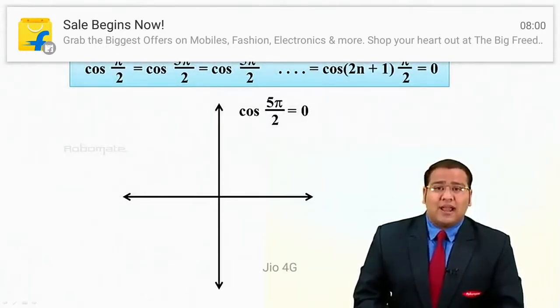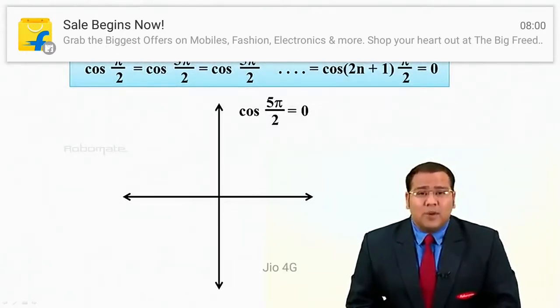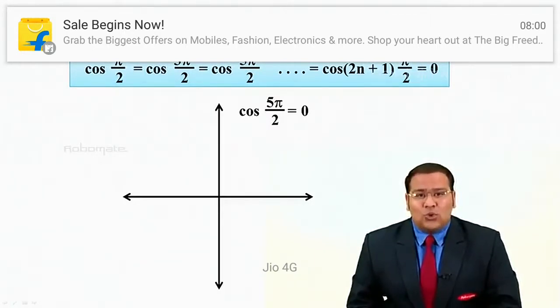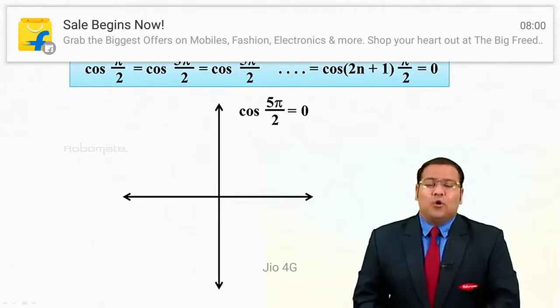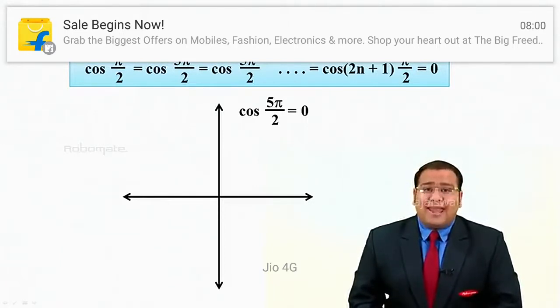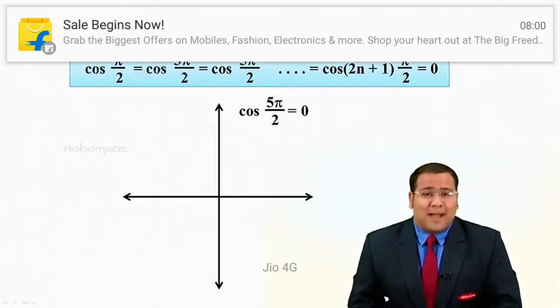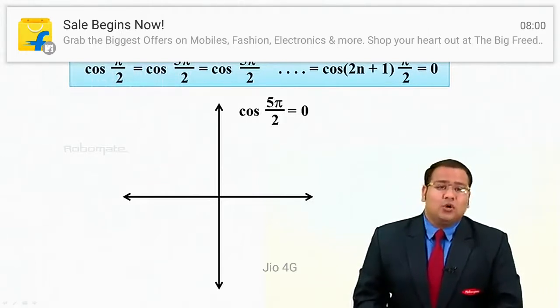So if you generalize this term, the equation would be cos of (2n plus 1) pi by 2, which is equal to 0. Now if you put n as 0, the equation would be 2 into 0 plus 1, which is 1. So cos of pi by 2 is equal to 0.